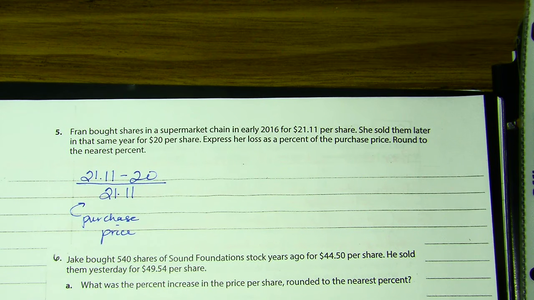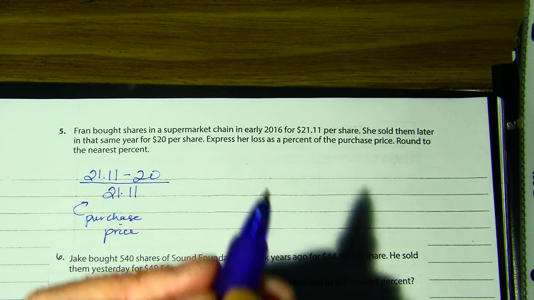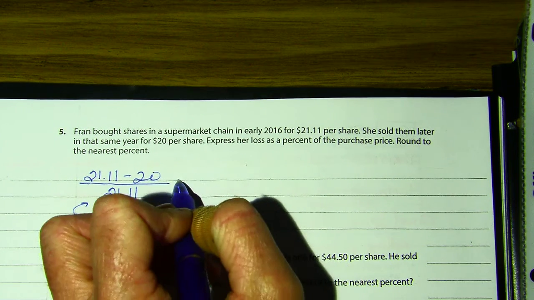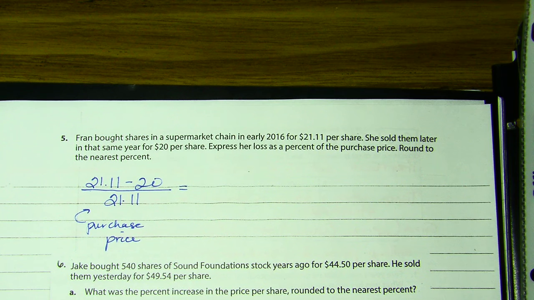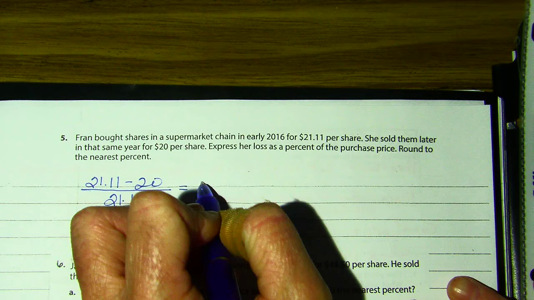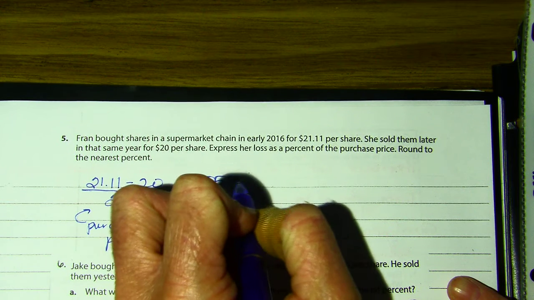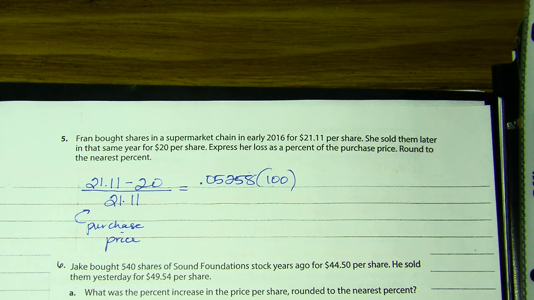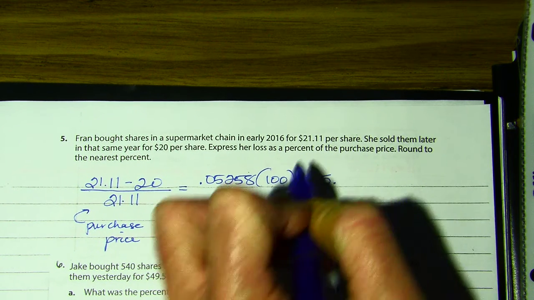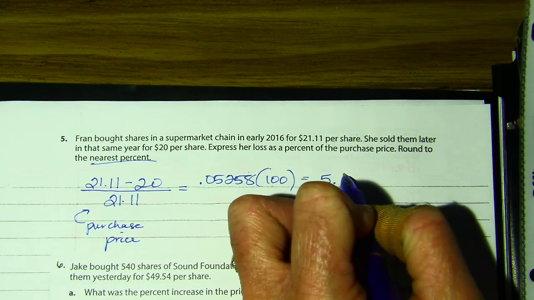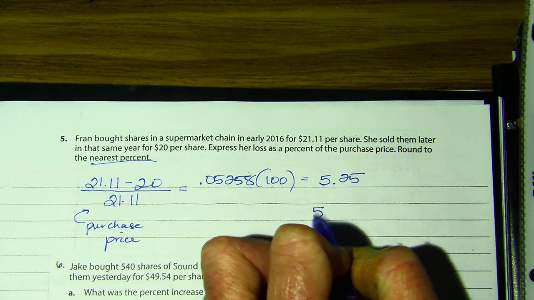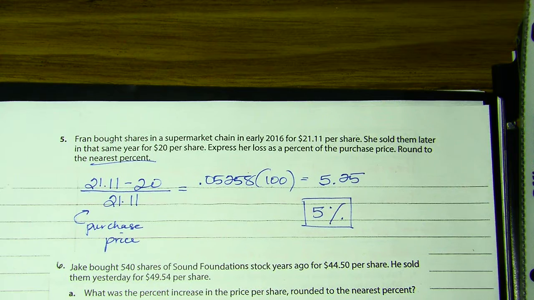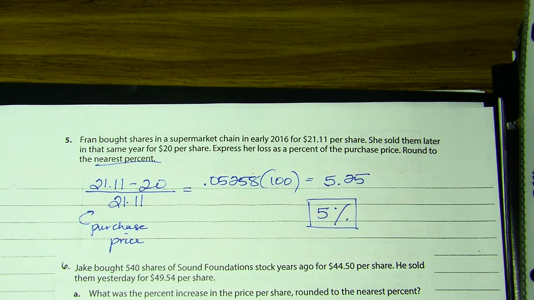So $21.11 minus 20 divided by $21.11. I get 0.05258. Times that by 100 to make it a percent. And I get 5.25, so 5% loss, because it said to the nearest percent. It did not say nearest tenth.